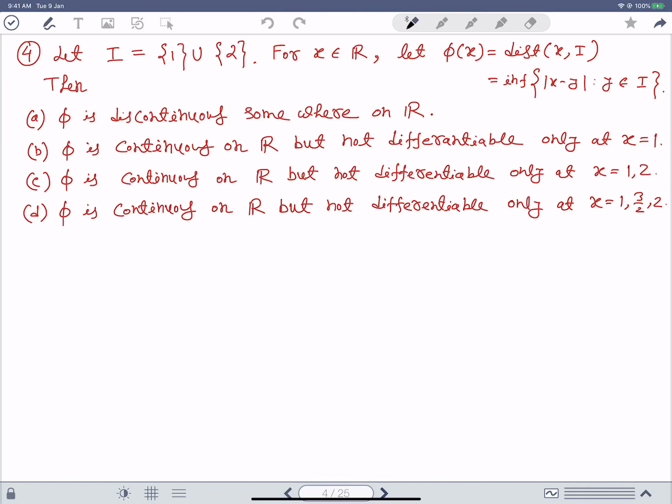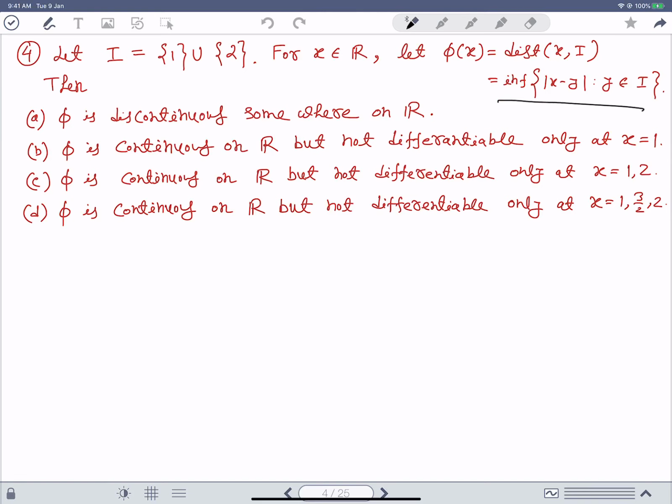Now, move to problem number 4. Here my I is the set of 1 union 2, only 2 points, and phi(x) is defined as the distance of x from I. That is the definition of distance.